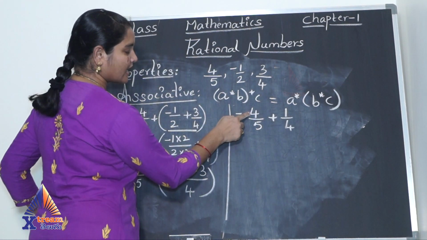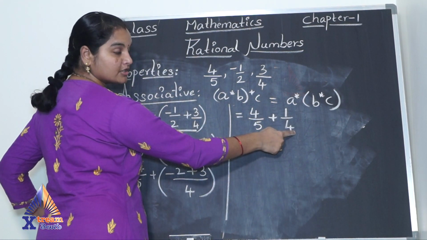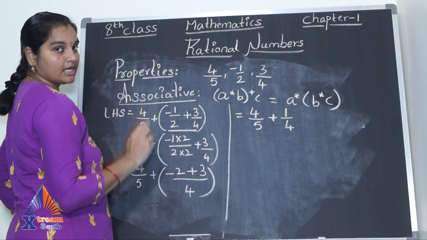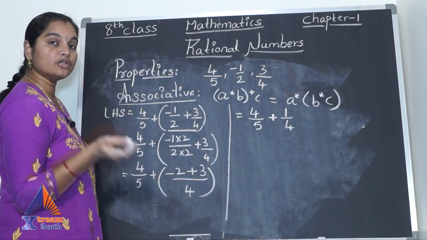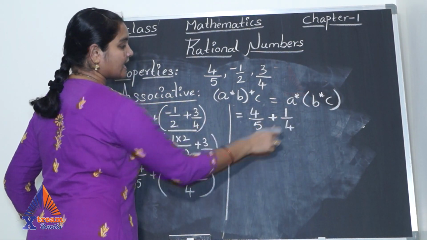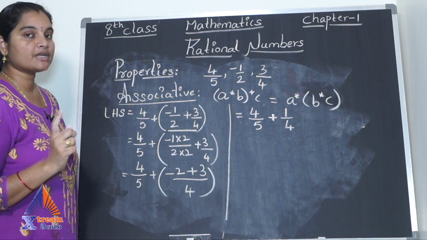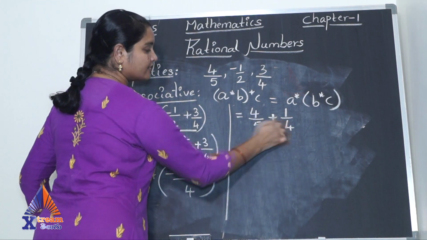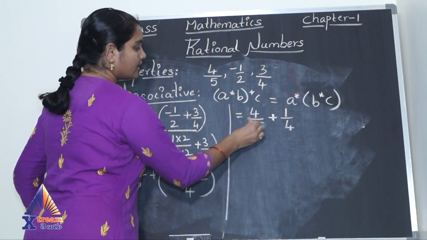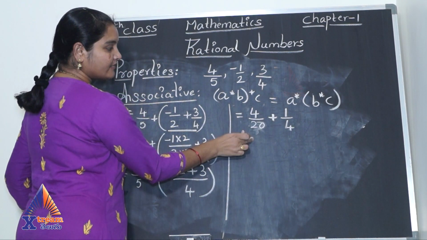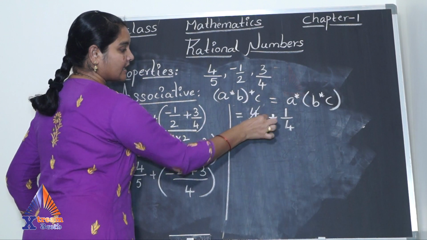Now don't think that because you have 4 in the numerator and 4 in the denominator you can cancel them. It's a completely wrong assumption because you are in addition. When you are in multiplication, then you can easily cancel both. But in addition and subtraction you cannot cancel between the fractions. You can do it within the fractions. For example, if I have 4 by 20, within the fraction I have a common factor, so I can cancel.